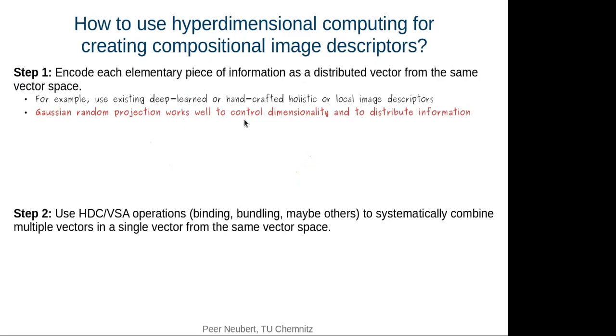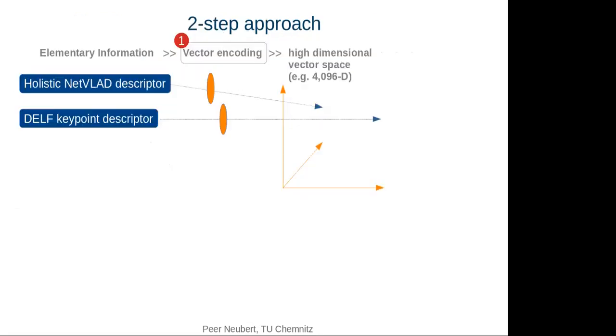to control dimensionality and to distribute information, just as in many, many other VSA applications that we have seen in this webinar and beyond. Okay, this local Delf key point descriptor is an example for such a local feature. So it comes with X and Y coordinates.